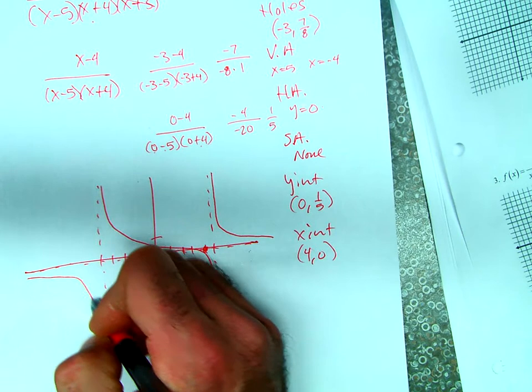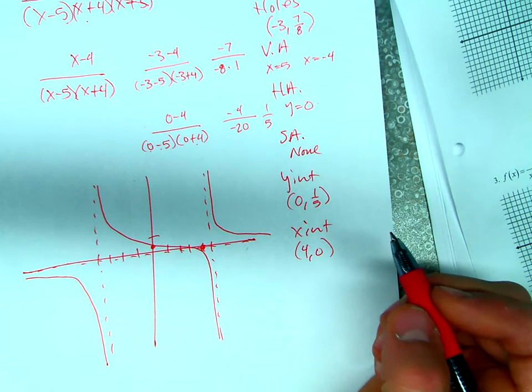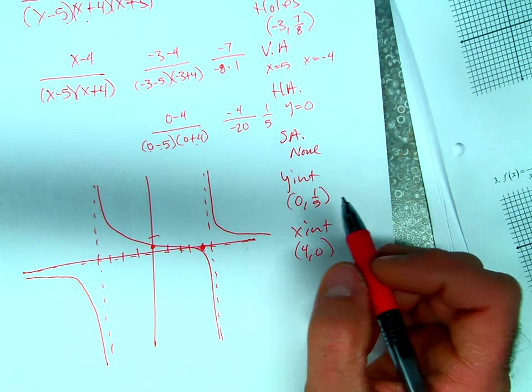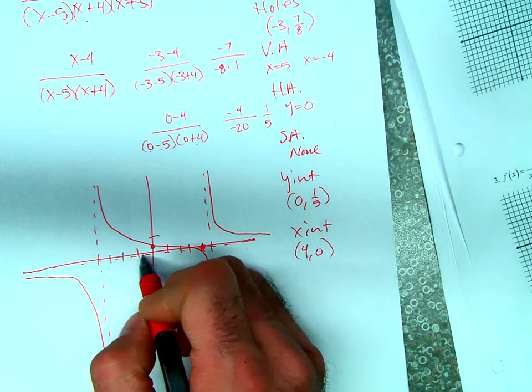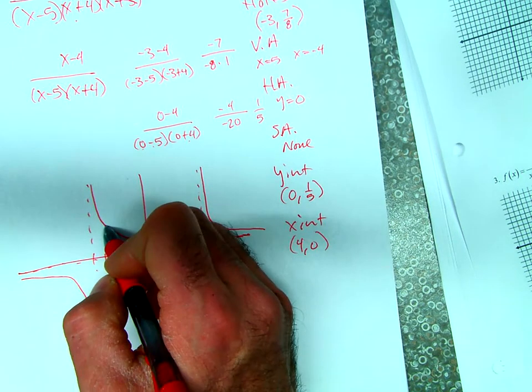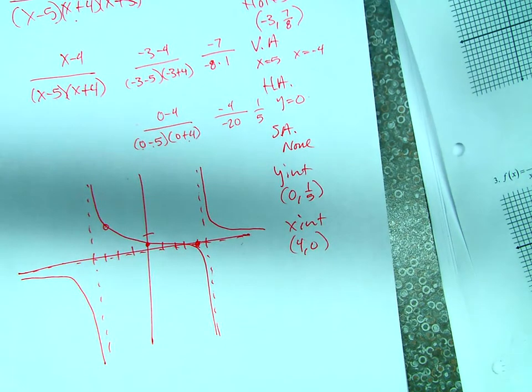Oh, the hole? Where was the hole? -3, and 7/8. 7/8 is a fraction, less than 1.